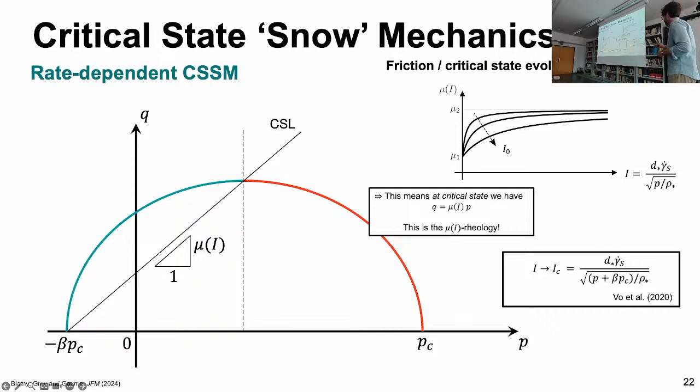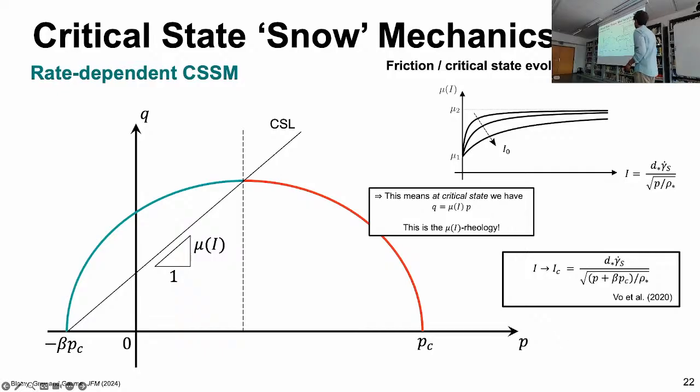This is something that has been shown before for cohesive granular media, where essentially we just add the cohesive stress, so this part here, to our inertial number, and we get the cohesive inertial number. So that's the, let's say, evolution of friction.